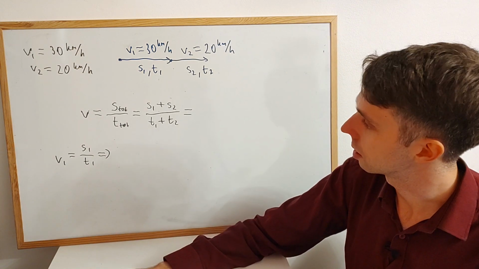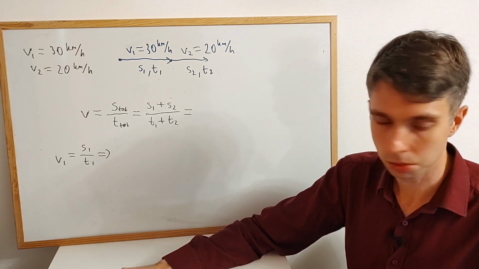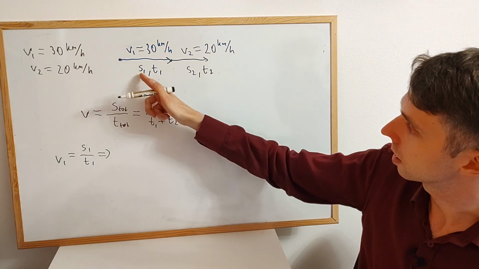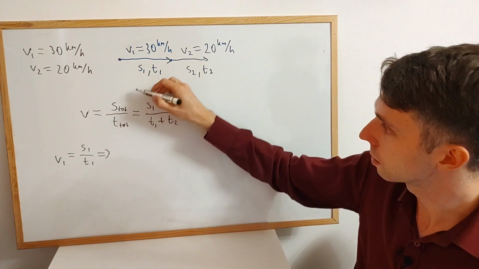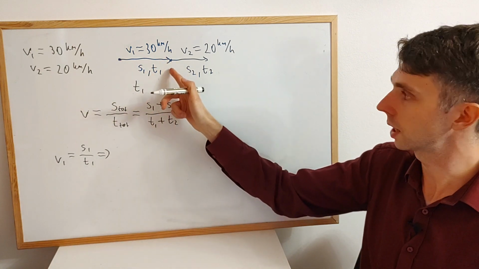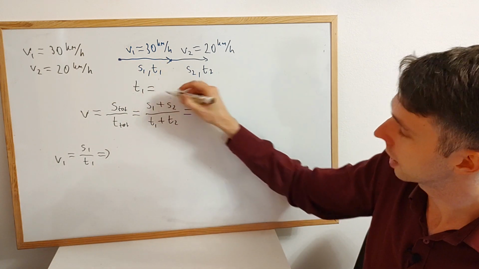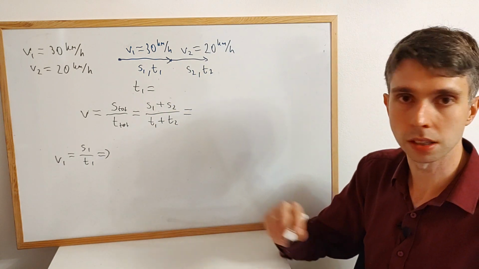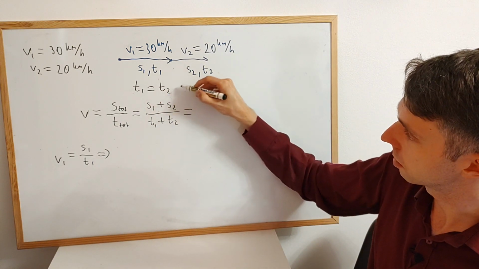So now the distance is different, but the time is the same. This is half of the total time, t1, and it's equal to the other half of the total time, t2.